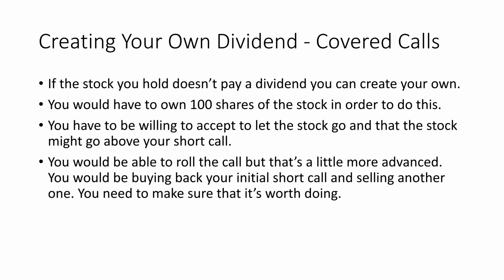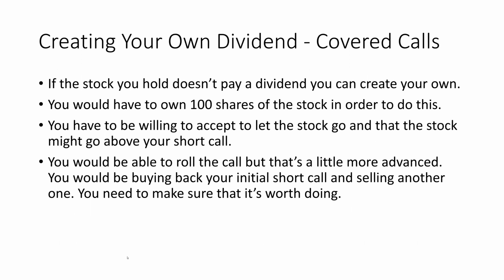You might sell the $3 put for $1, but then it turns around, doesn't get FDA approval, and the thing drops to 30 cents. And before you know it, you've been exercised at 3 and it's now trading at 30 cents. I've seen it happen way too many times. So just a heads up, you want to make sure that you avoid that. Okay.